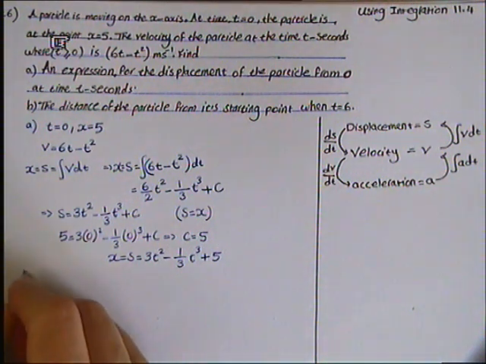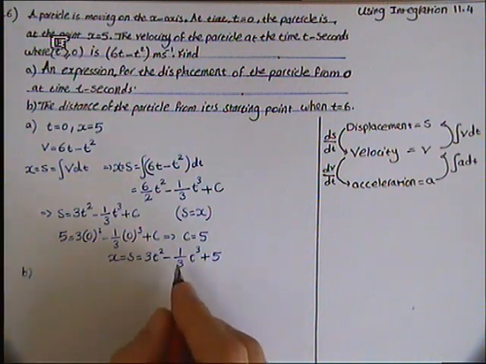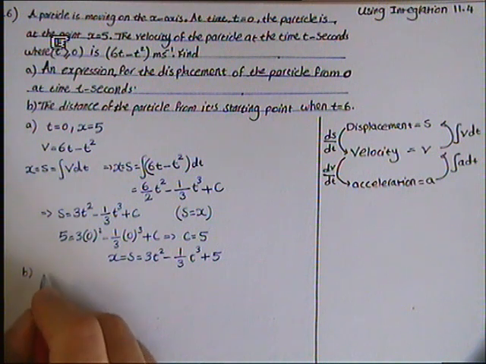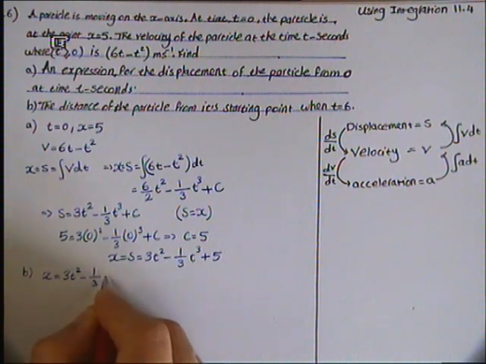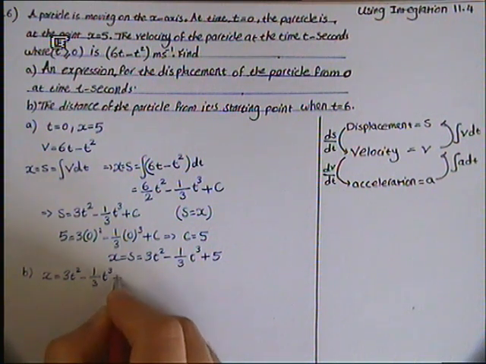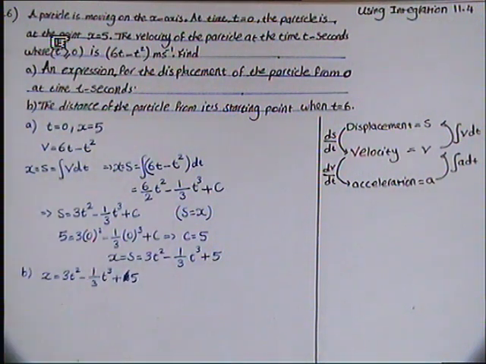For part B, it says the distance of the particle from its starting point when t is equal to 6. To find the distance of the particle when t equals 6, we can use the result from part A, which is x equals 3t squared minus 1 over 3 t cubed plus 5.